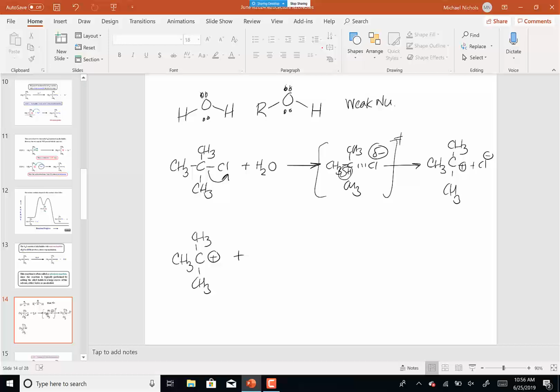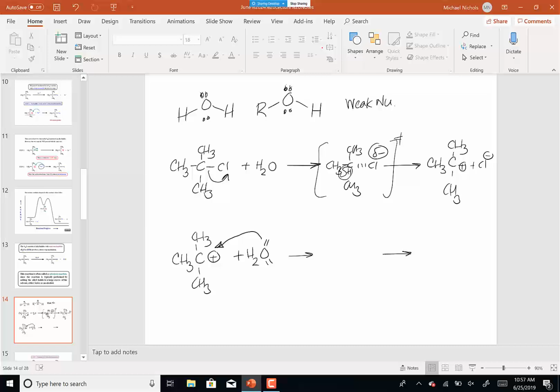Now my carbocation is going to react with my water. In general chemistry, we would have classified this as a Lewis acid-base reaction because the water is going to donate its pair of electrons to the carbon, to the C+. Again, I have to write these arrows. The arrow from the lone pair on the oxygen is going to be added to the carbon. What part of the water molecule is going to add?